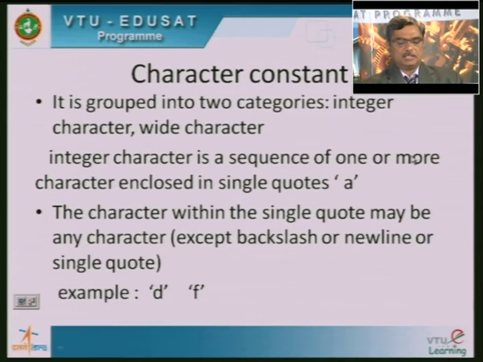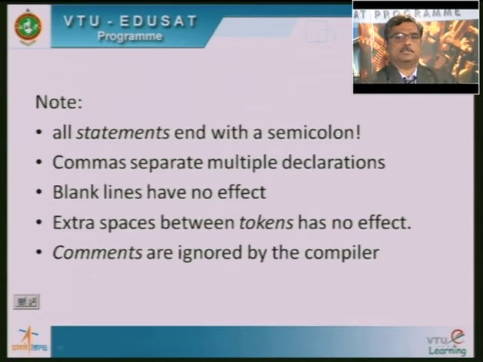A character constant is always assigned with a quote. Any variable you declare as character, you assign a character constant to using single quotes. Whatever data you type within the single quotes acts as the value assigned to the corresponding character type. Any character specified inside the single quote can be used for a character constant.